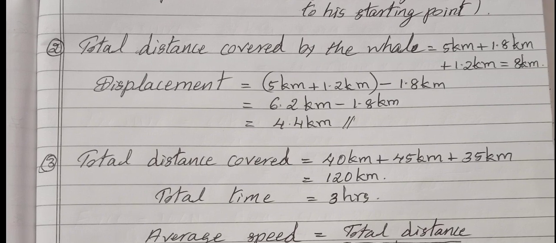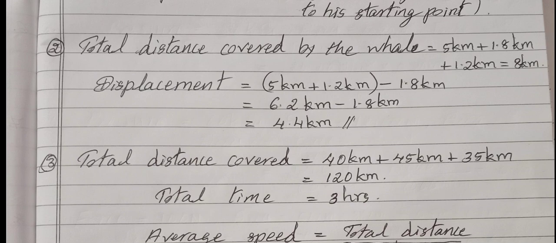A bale swims due east for a distance of 5 kilometers, then turns around and goes due west for 1.8 kilometers, and finally turns around again and heads 1.2 kilometers due east. Then what is the distance and the displacement of the bale?